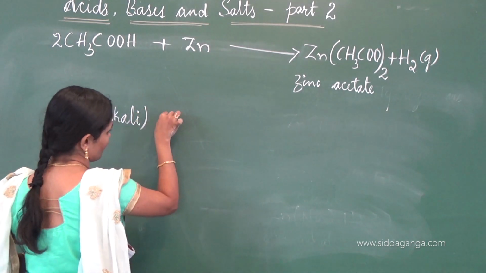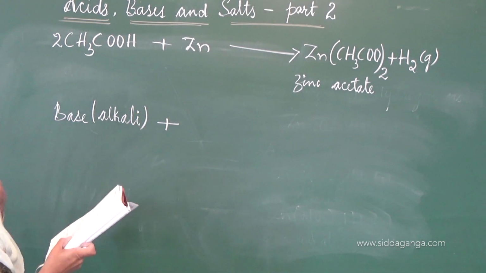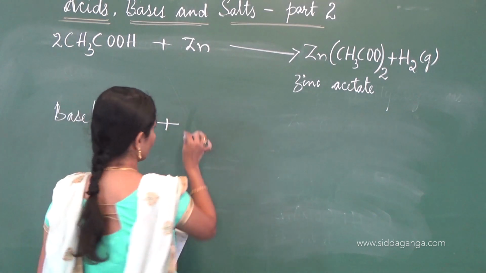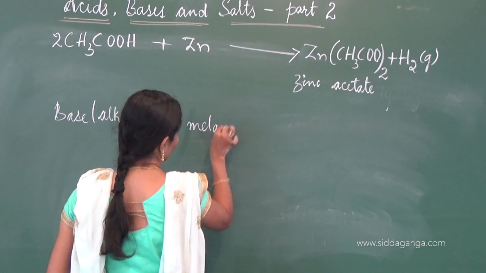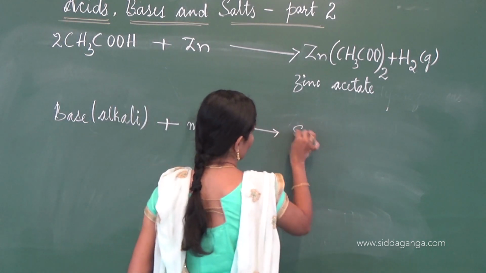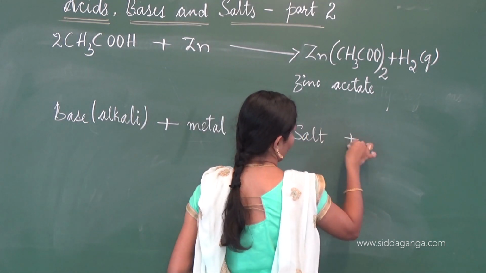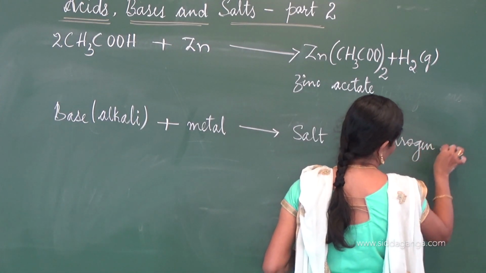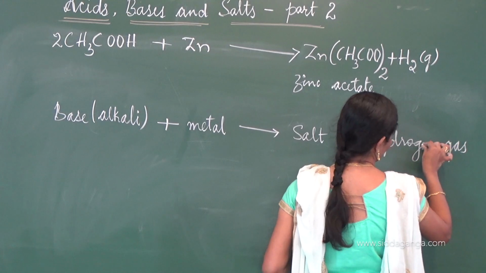Alkali is a base dissolved in water. Base that dissolves in water, referred to as alkali, plus metal gives rise to salt and hydrogen gas. We'll write an equation related to this.